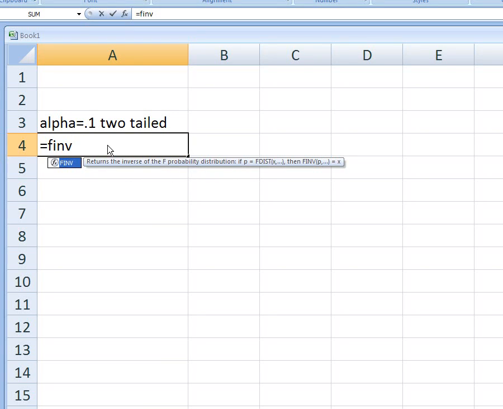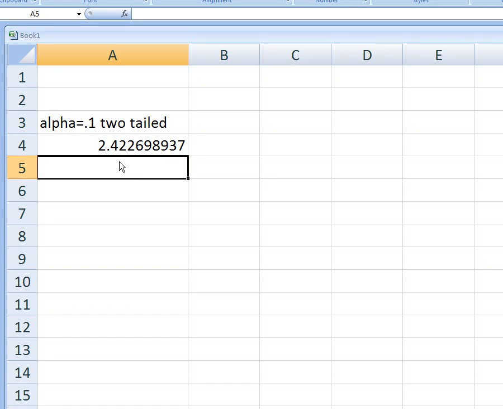Basically, what we're going to do here is put in a probability, say 0.05, and degrees of freedom, 9 numerator, 19 denominator. It's important which order you put these in. You can't just switch them any old way you want. You have to have numerator first, denominator second. This tells us that the F critical value leaving 5% in the right tail is about 2.42.